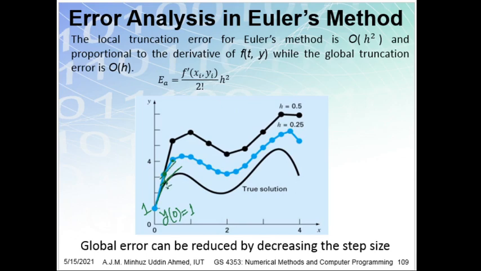You have not used the true value, rather you have used the value obtained from the Euler method. So that's why this error is a global error: one by one you take the assumed value, rather than going back to the true value, because we don't know the true value at these points when we are using numerical methods.